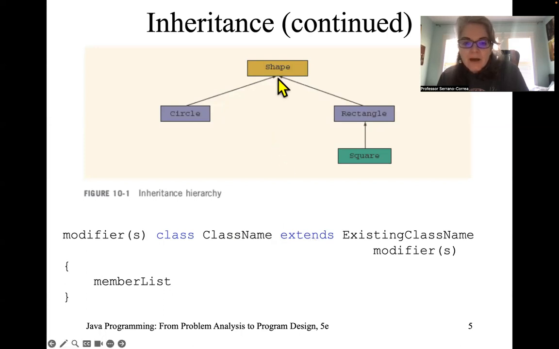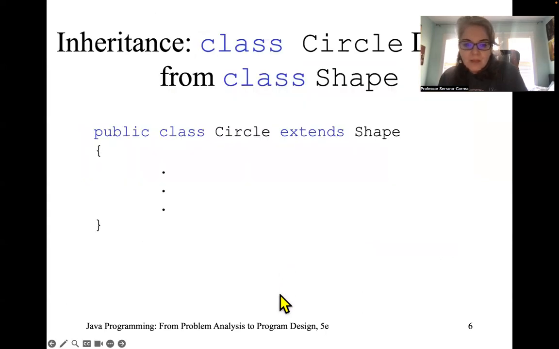So if I have this one right here, rectangle, I would say public class rectangle, and I make it public because I want people to use my class. So public class rectangle extends shape. So this is the superclass. So public class circle extends shape.